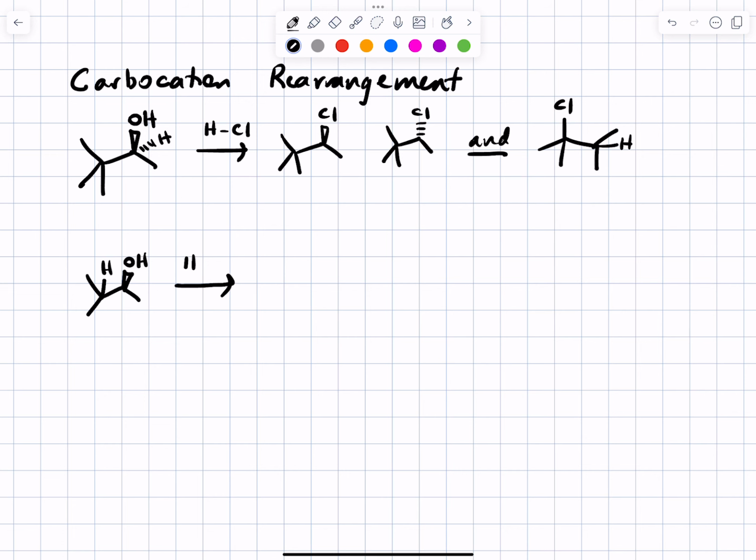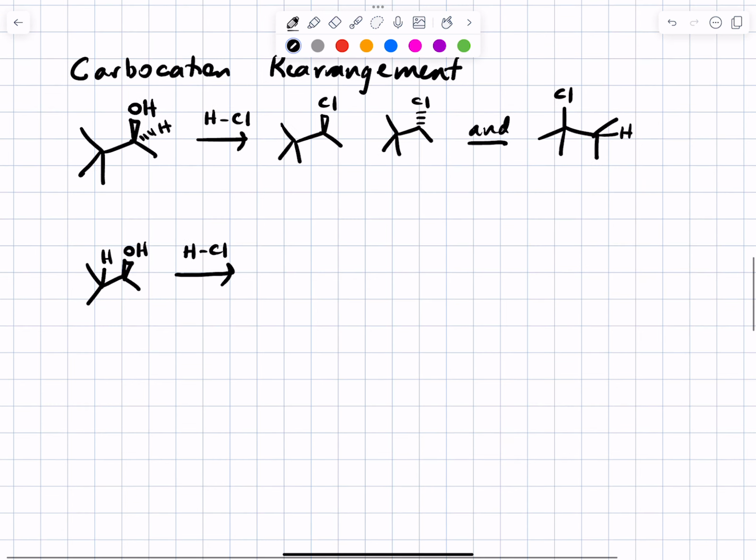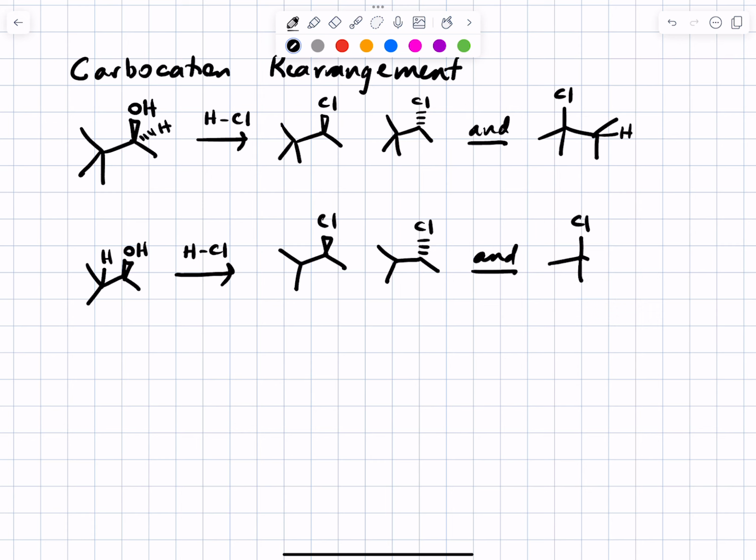Similarly, we could use HCl here for this reaction, and we would expect to see the following two products. And a third, which is this one.